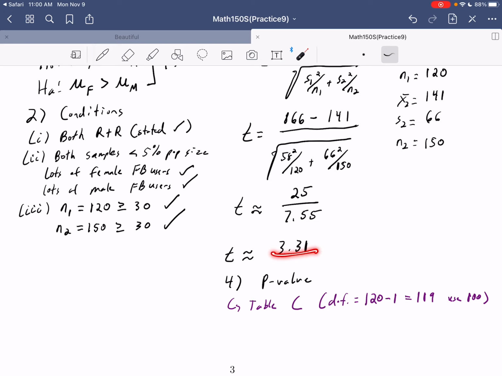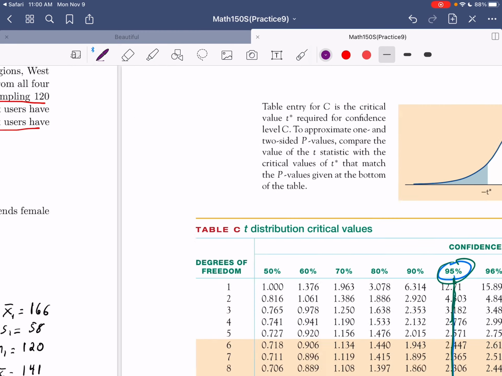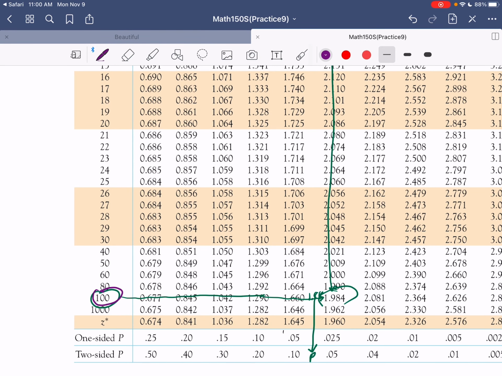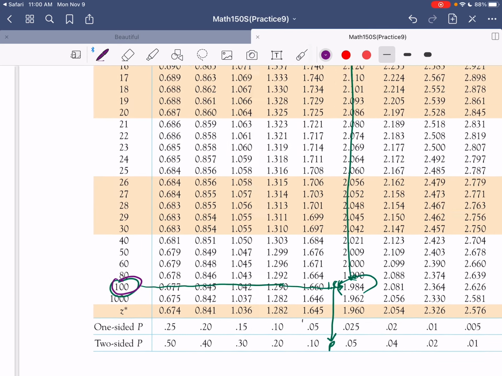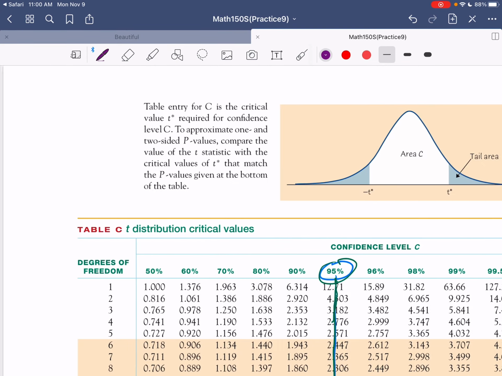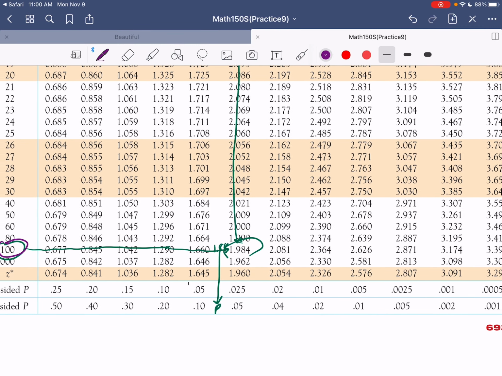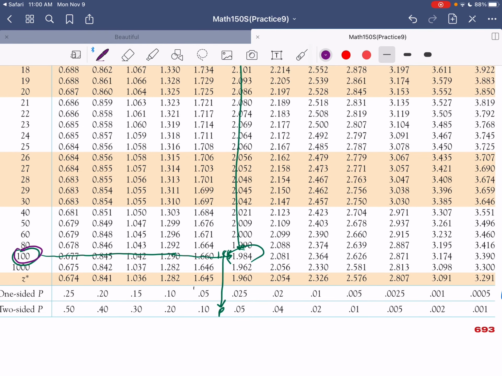So we're looking for 3.31 with a degrees of freedom of 100. So let's go ahead and do that. So we've got 100 degrees of freedom here, and we're looking for what did we say? 3.31. It looks like we should be right here, 3.31. So that puts us between 3.174 and 3.390.